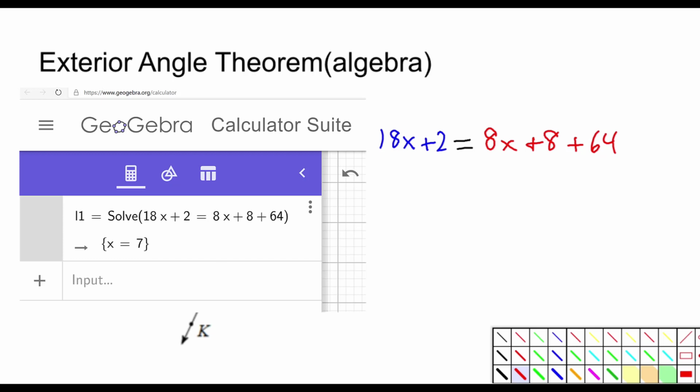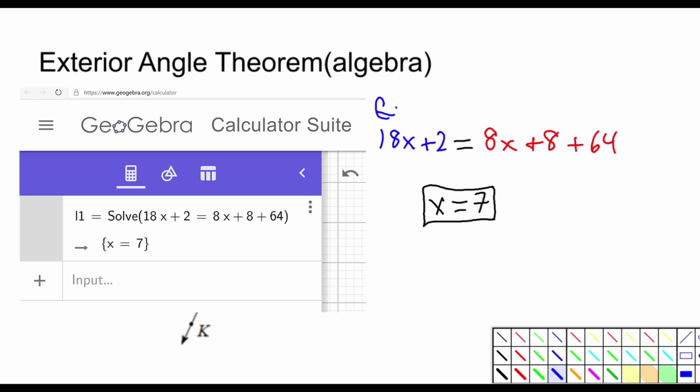Now I'm going to use GeoGebra to solve that equation, which I'll show you in a second, but I've already done it. My answer is x is equal to 7. Remember, this is nice and simple.